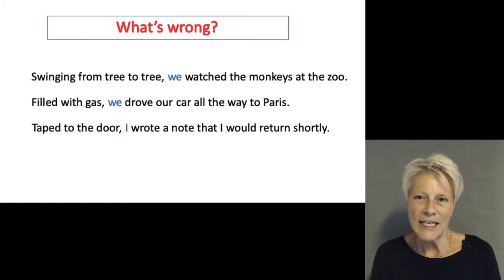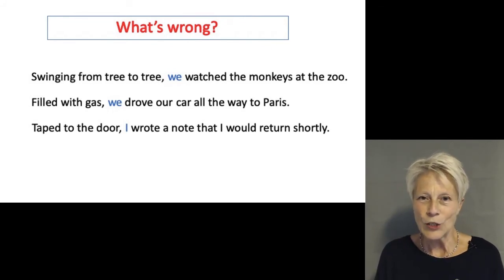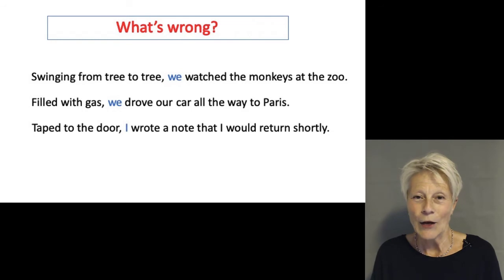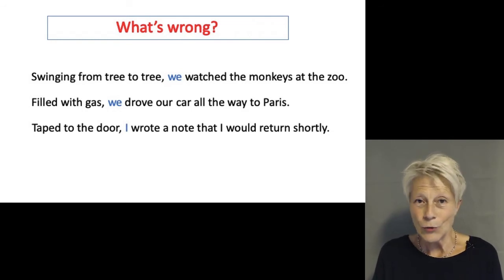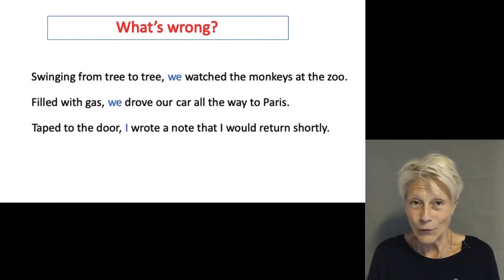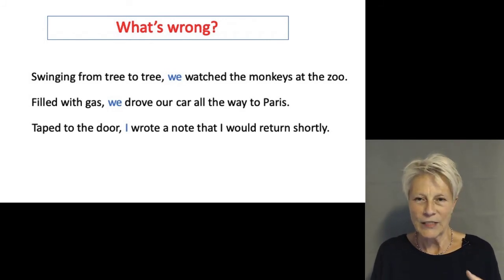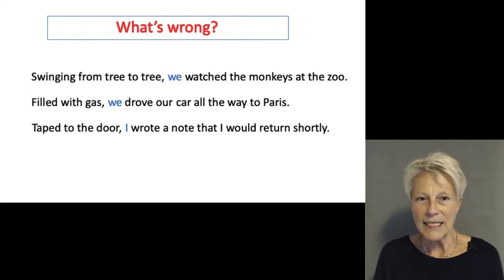Now, obviously, the subject in the main clause should be the one swinging or being filled or taped, but in the actual sentences, that's not the case. The monkeys are swinging, the car is filled with gas, the note is taped. That's the intention of the author. So there's a confusion. The participle is kind of dangling and not connected in the correct way.